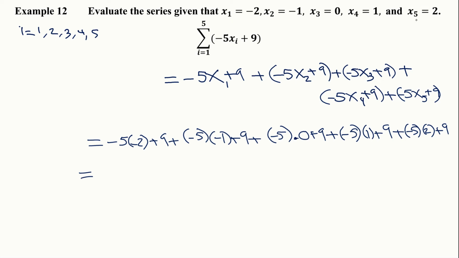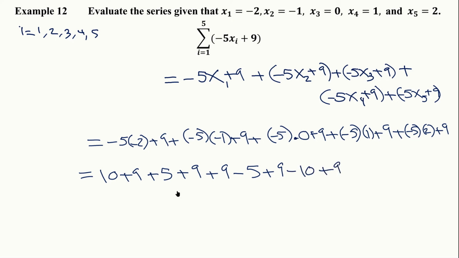So I end up with 10 plus 9, and this is going to be plus 5 plus 9, that's 0, so plus 9, that's negative 5, so minus 5, and then plus 9, and then that's going to be net minus 10 plus 9.